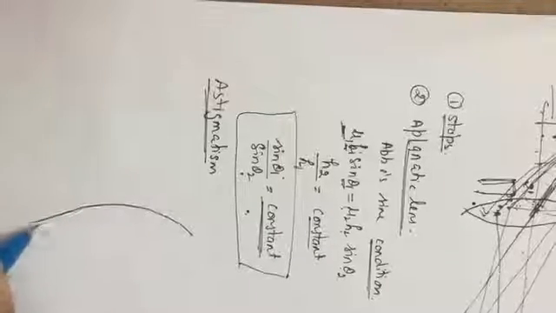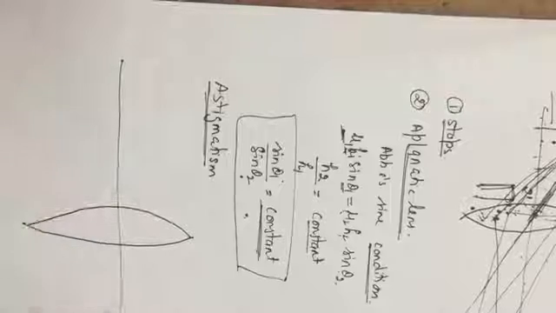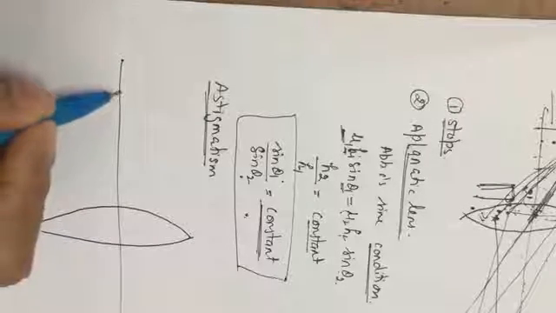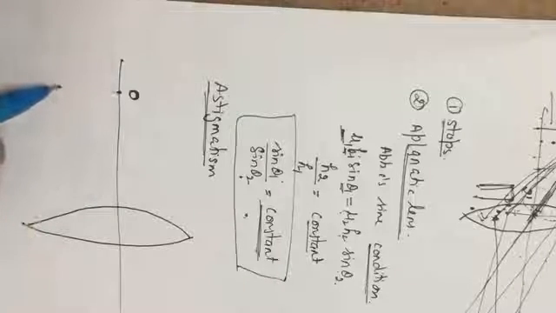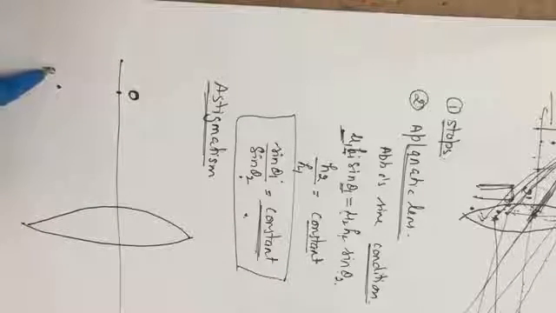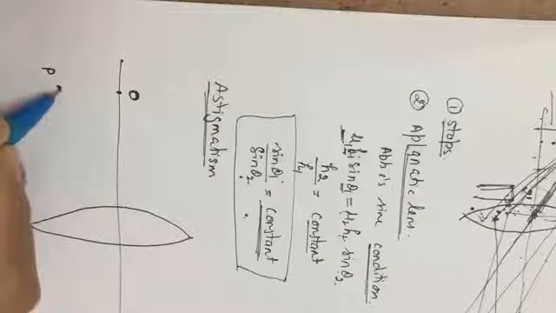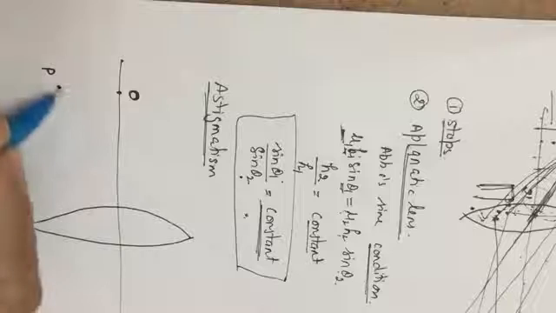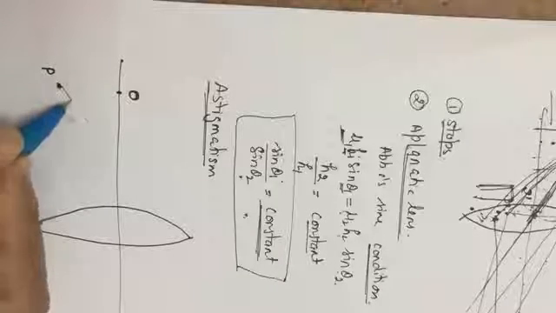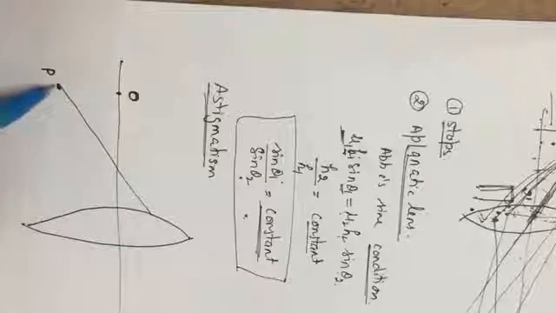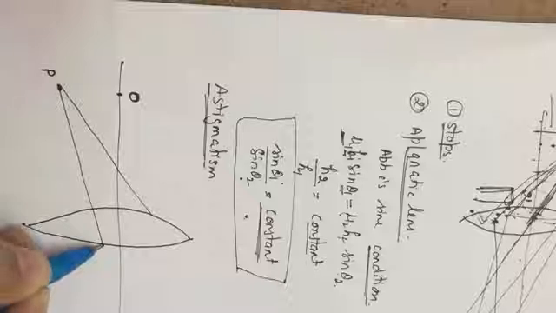Let us consider this is a convex lens and this is our principal axis, and the object is placed at point O and the light is coming from the point P. We find that the light coming from point P meets the lens at different points.